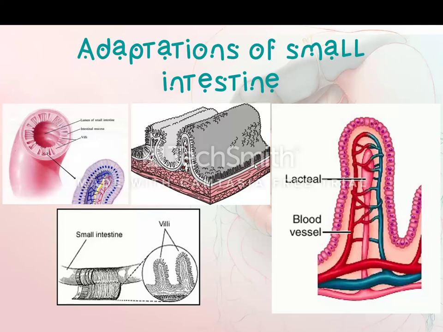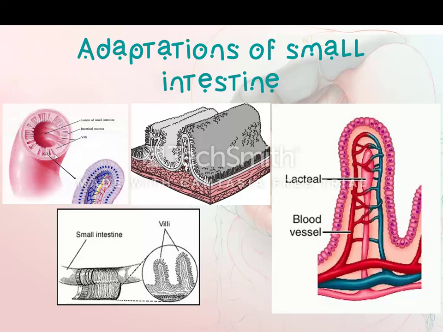So the small intestine, imagine it's a pipe, a tube. We need to look at the inside of the small intestine to understand what is happening in it. If you look, you can see all these finger-like projections that line the inside of the small intestine.